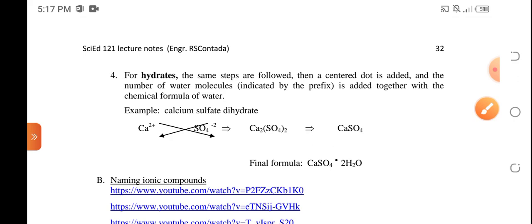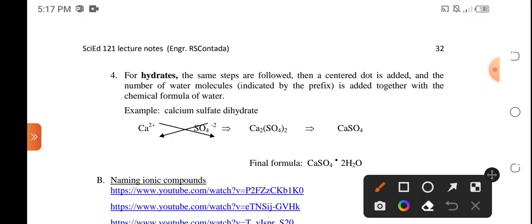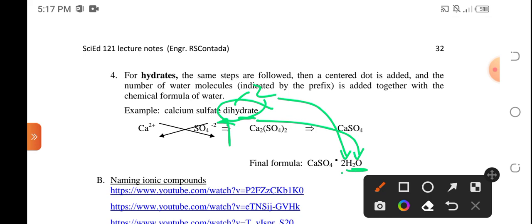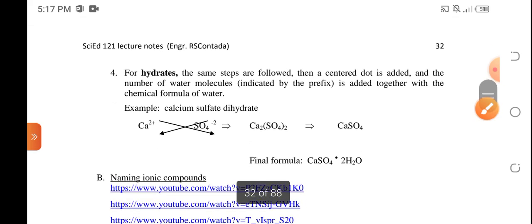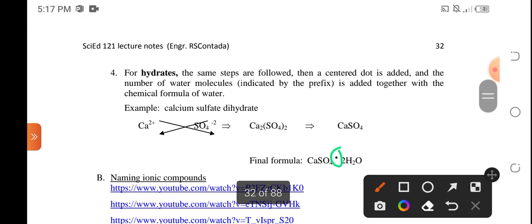Okay? So ulitin natin. For the hydrate, meron daw siyang di. Dihydrate yan, di. Hindi de. Dihydrate. So di means 2. So therefore, we are putting 2 before the formula of water. Kasi hydrate is water. So ito na yun, H2O niya. Okay. Tapos meron tayong gagamitin na dot to separate the ionic part and the hydrate part.